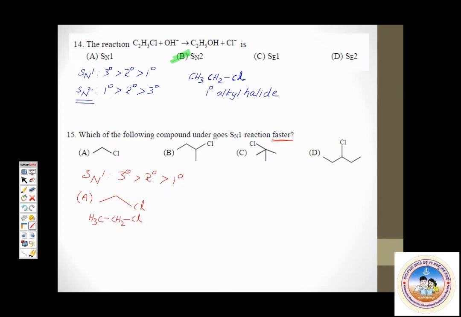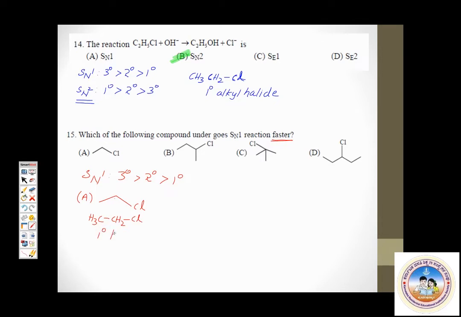So you should realize their presence. Okay, CH3, CH2. Now, if the carbon atom attached to halogen has 2 hydrogens, then it's a primary alkyl halide. Okay, so A is a primary halide that is least reactive in SN1.